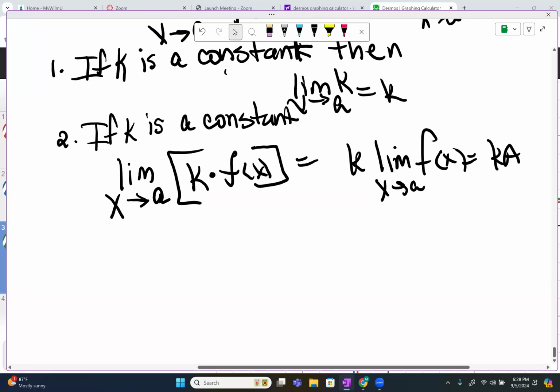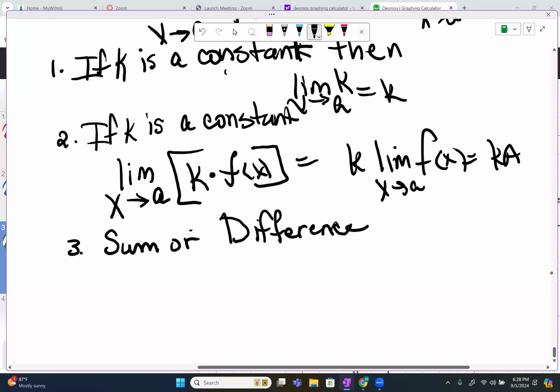If you're dealing with differences, addition or subtraction, so in this case, the sum or difference rule for limits.